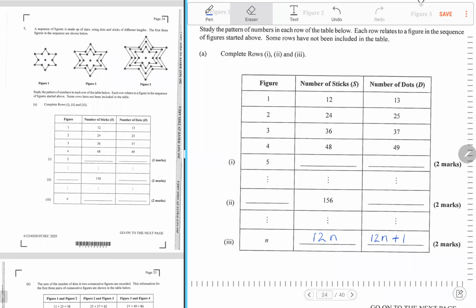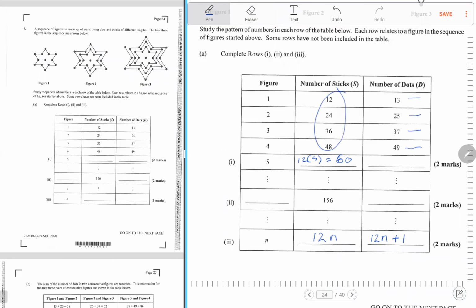All right, so they want us to complete these columns now. When n equals 5, it becomes 12 times 5, or you add 12 to the previous value and get 60. So this is 60. Another observation is that these are all 1 more than these.